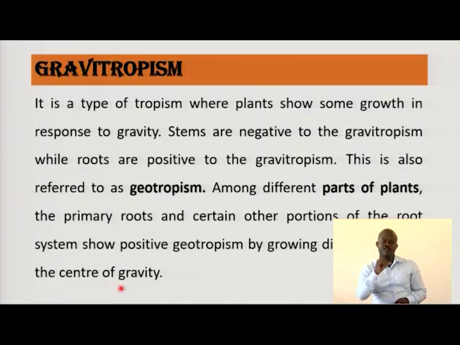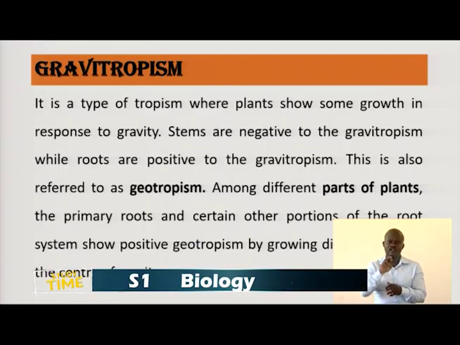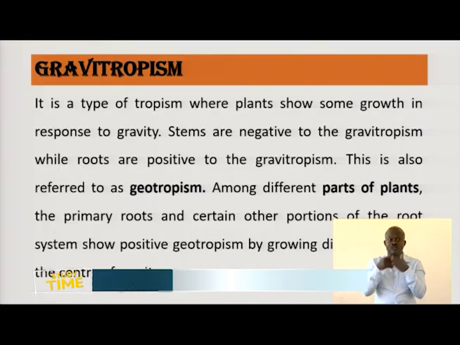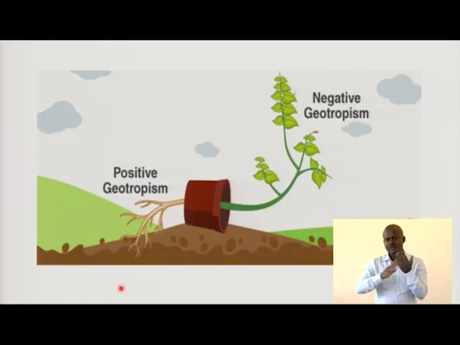While stem grows away from gravity, and that is what we call negative gravitropism. Another term which can be used to mean gravitropism is geotropism. So that is another type of tropism.